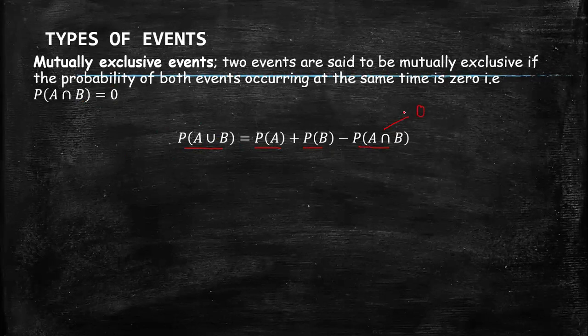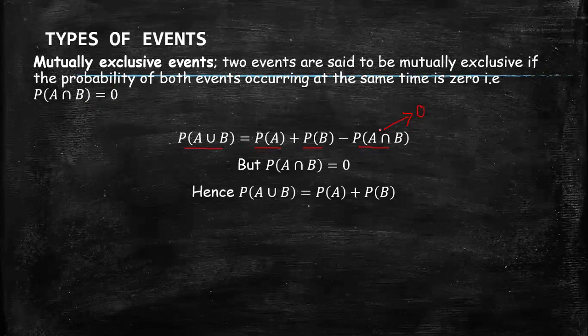So for mutually exclusive events, this will be a 0. So meaning we shall have probability of A union B equaling probability of A plus probability of B. This only works for mutually exclusive events.